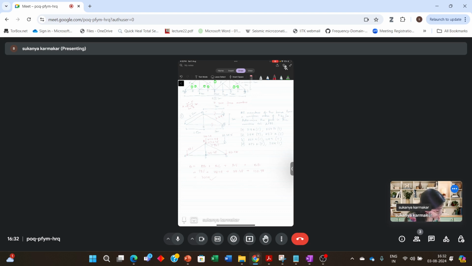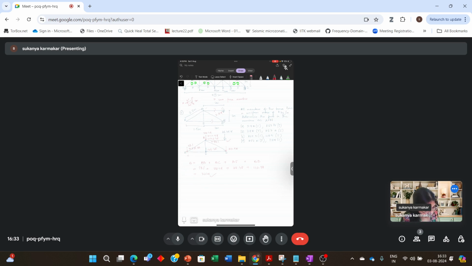Drawing B is done, drawing C is done. Now at joint A, you have considered the contribution of AB. From AE, what will be the contribution? 1.5 into 8 into 9.81 divided by 2, which is 58.86, so it comes out to be around 156.96 Newton.